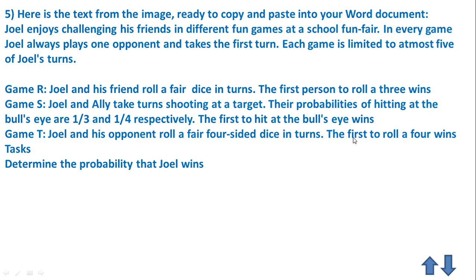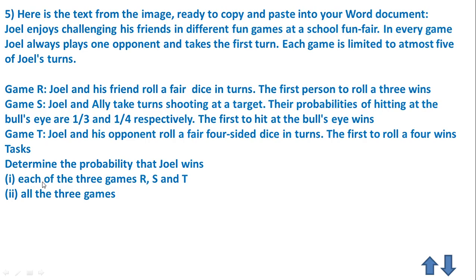The first to roll a 4 wins. Thus, determine the probability that Joel wins. Part A, each of the 3 games R, S, and T. Part B, all the 3 games. Part C, none of the 3 games.